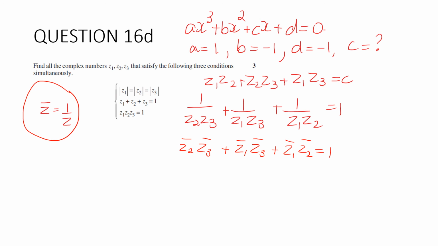Now we know that the product of conjugates is going to be the same as the conjugate of the product. So I can make that line go all the way over the top. And we also know that the sum of the conjugates is going to be the same as the conjugate of the sums.